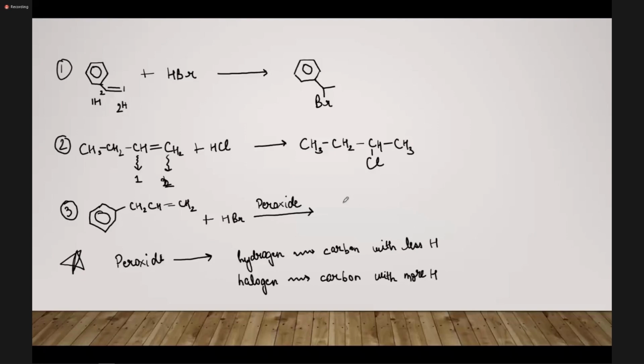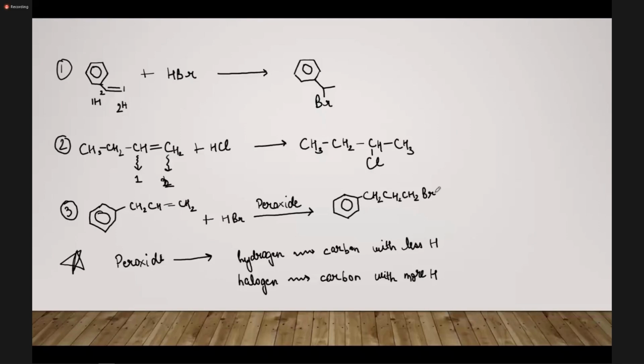I mean, it's just the opposite, but you'll have to remember. So now the product here will look like CH2, CH2, CH2 and Br. So here the halogen is getting attached to the last or the first carbon. Okay?